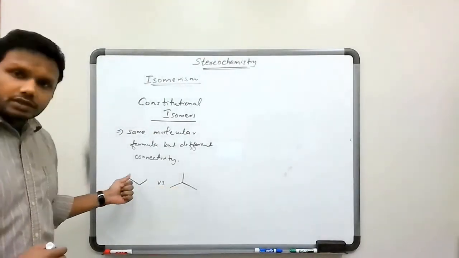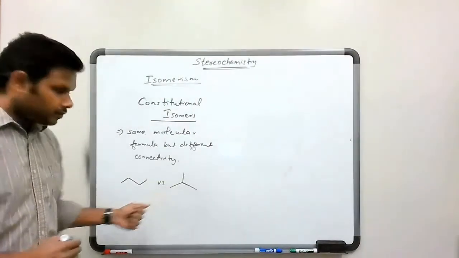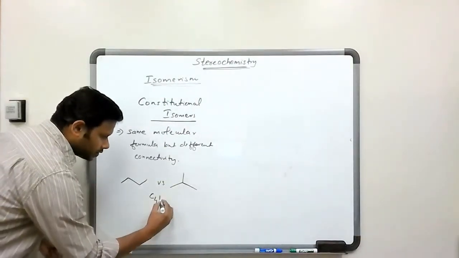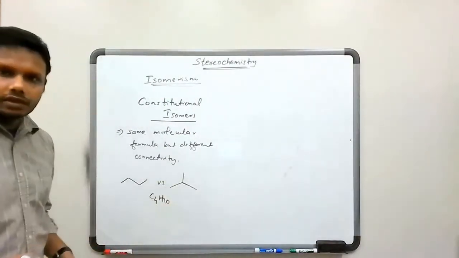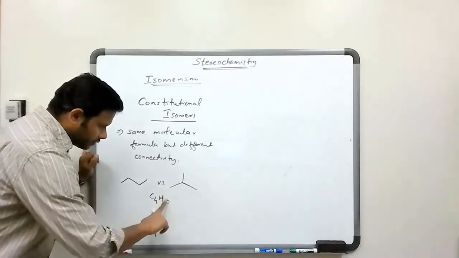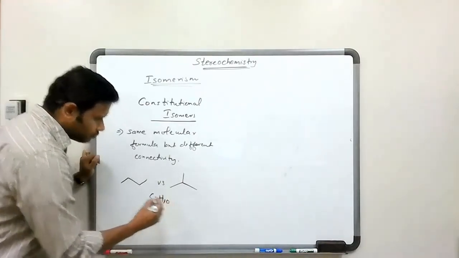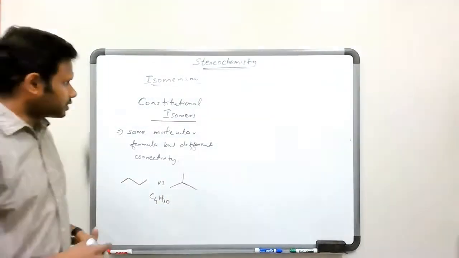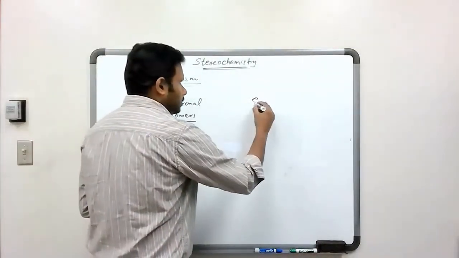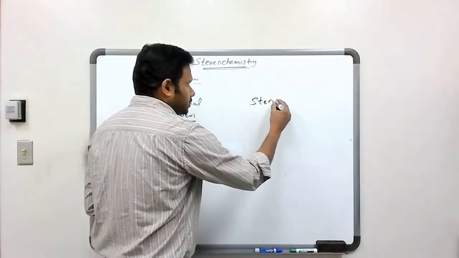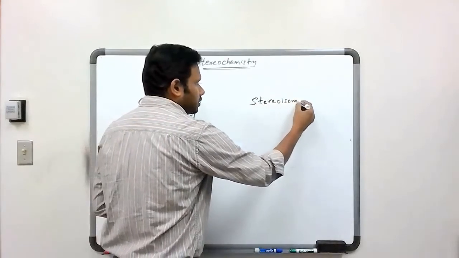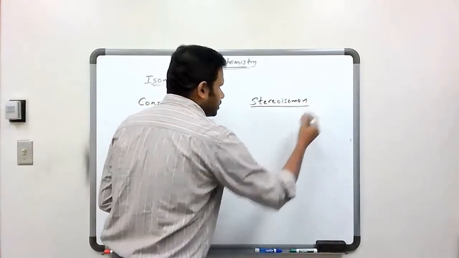They are both C4H10, the same molecular formula, but they have different connectivity, which makes them two isomers of each other.